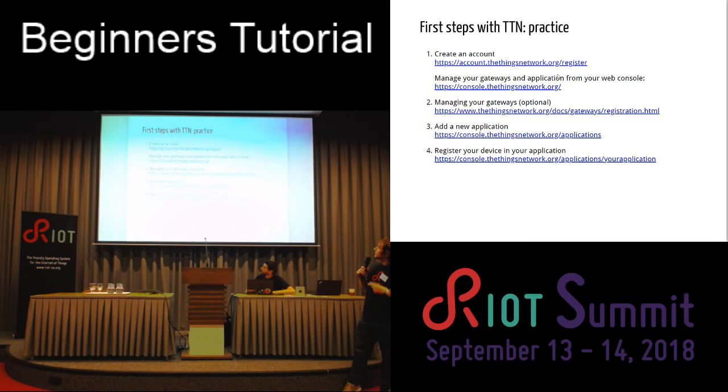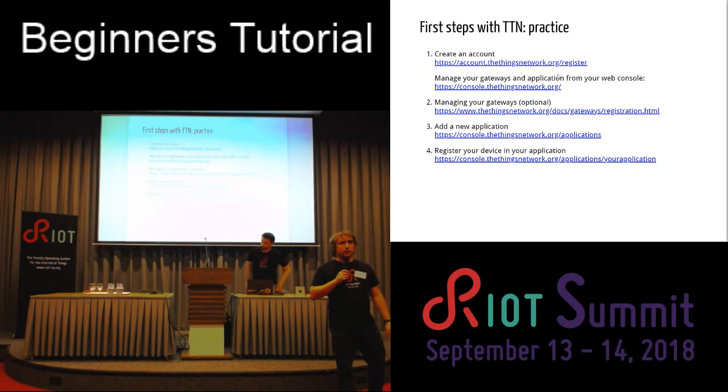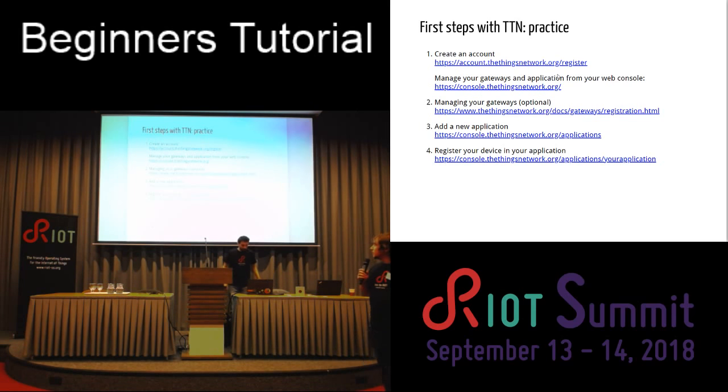So the first step, you should create an account in the Things Network. This is a link. You can follow it directly in the 05 LoRaWAN with RIOT slides. And then there's also an option. It's optional because if you have a gateway, this is a console where you can administrate your gateways, add, remove, configure, and whatever.